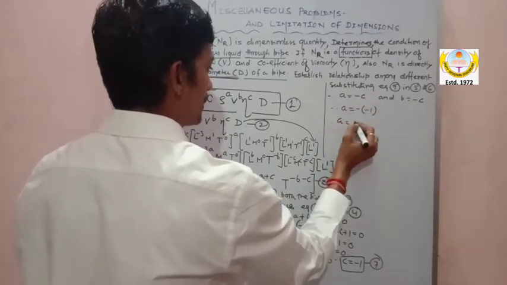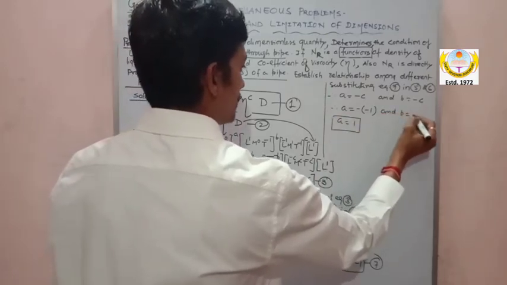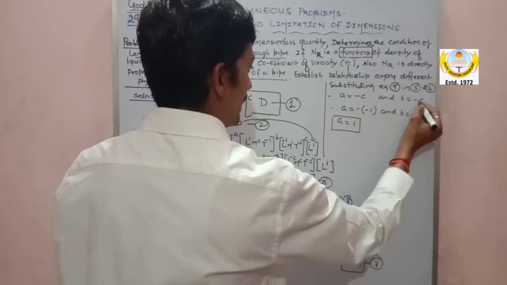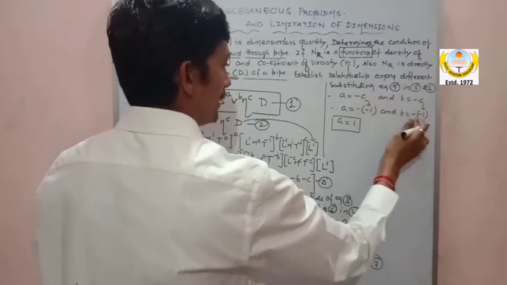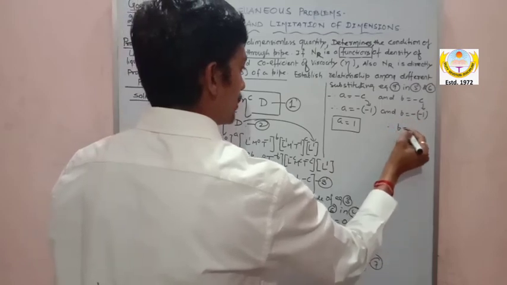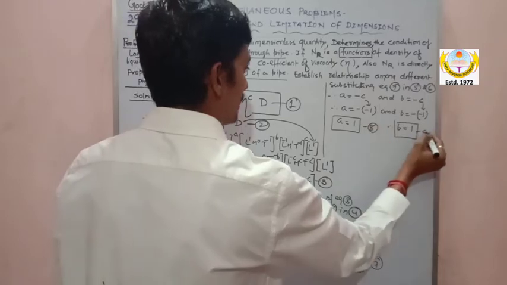So A is equal to 1 and B is also equal to minus C, so that is minus and minus 1 because C is minus 1 here. Right? So therefore B is also equal to 1. This I will take as 8 and this I will take as 9.